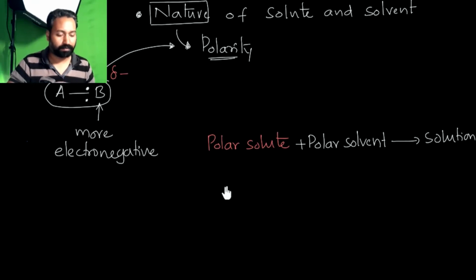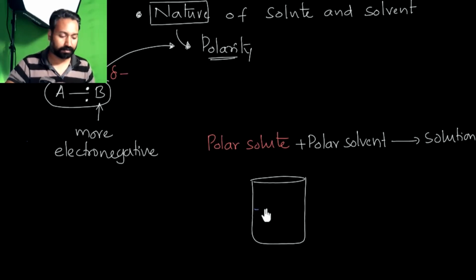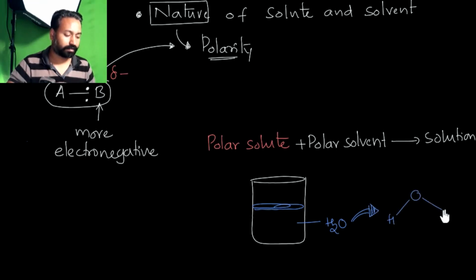For this we can take an example. Take a container and fill it with water, H2O. The water molecule has two bonds with oxygen, and oxygen is more electronegative, so it gains a negative charge, and hydrogen gains a positive charge. This is a polar molecule.